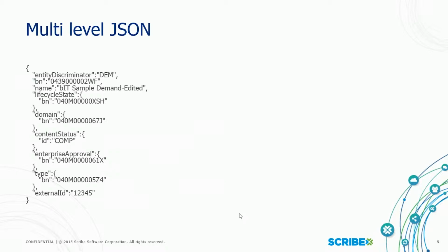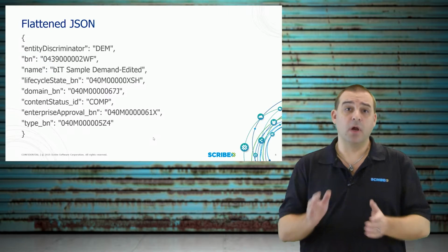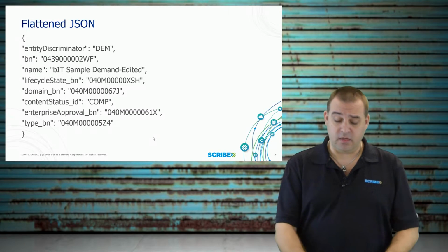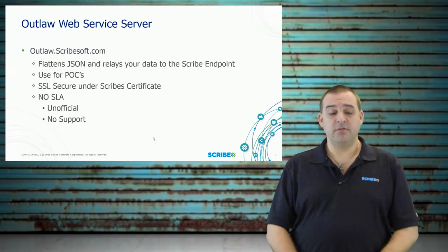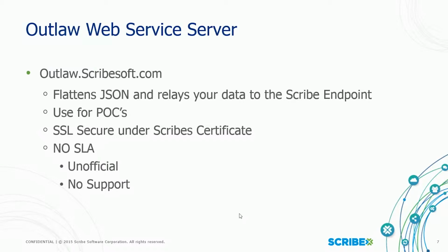What we need to do is figure out how to get the web service or the webhook to translate the information from here, where we have multiple levels, to here where we have a single level. And we're going to do that by being outlaws. Today we're going to introduce the Outlaw Web Service server. We've got one web service running on this Outlaw Web server. It is used to flatten that JSON.